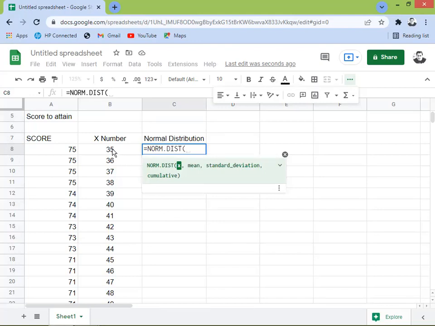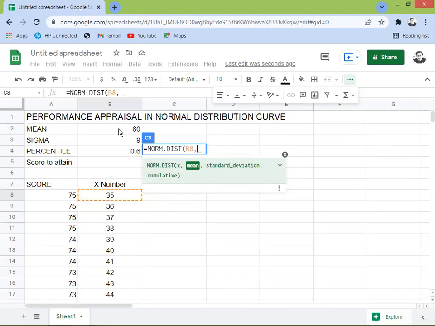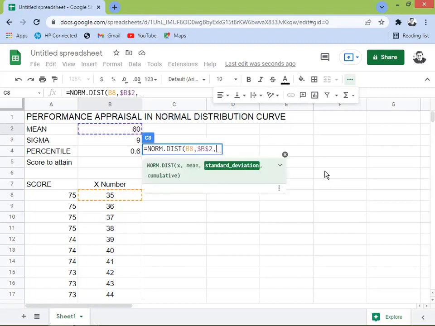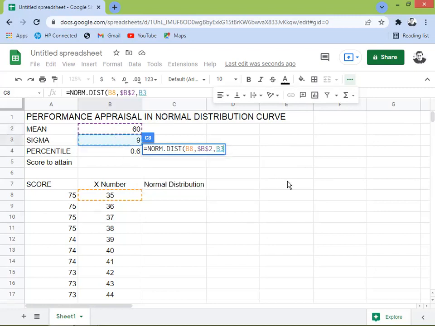The X would be this one, right? Since I'm gonna copy it down, that would be a relative reference. Then comma, and then the mean would be the one on top, this one, with absolute reference F4, then comma, and then the standard deviation, the sigma. We got 9 as our standard deviation of the normal distribution of the observation. So that would be F4.